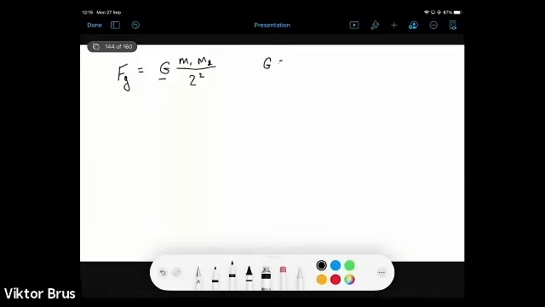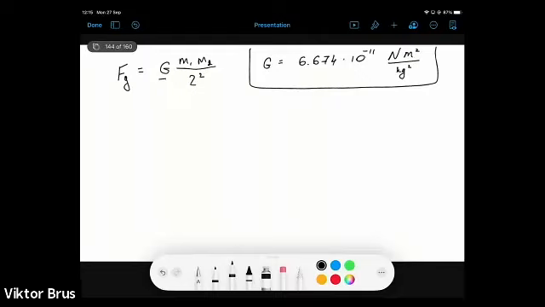So G is equal to 6.674 multiplied by 10 to the minus 11, and the units for this are Newton times meter squared divided by kilogram squared. So this is one of the universal constants, and is required to describe this gravitational interaction between two bodies.